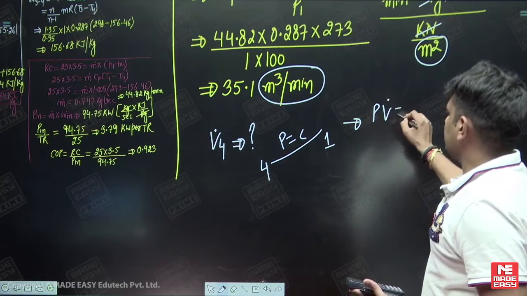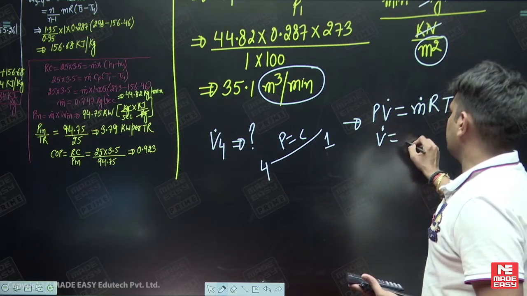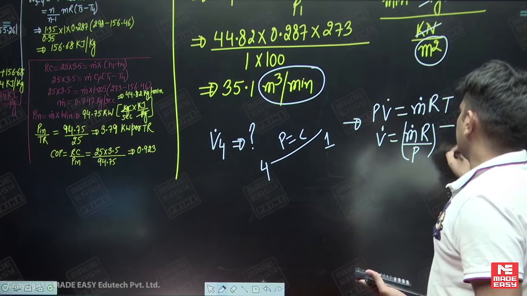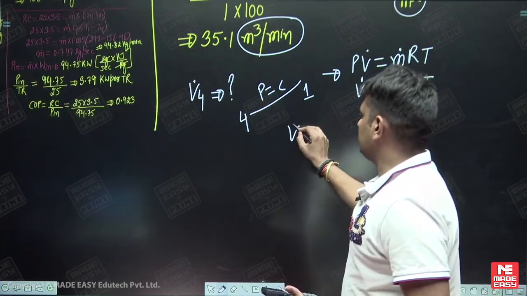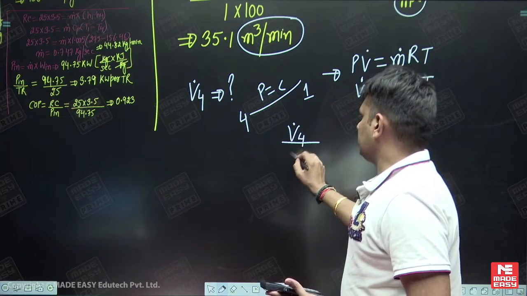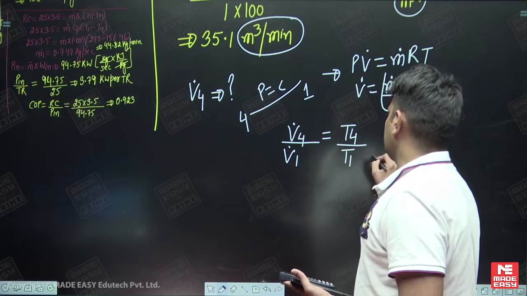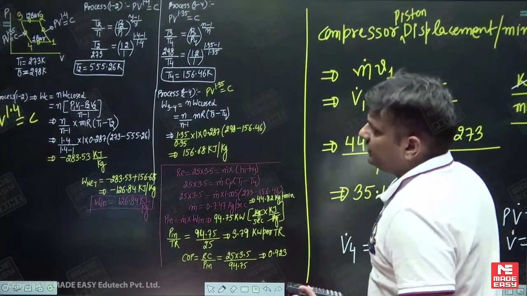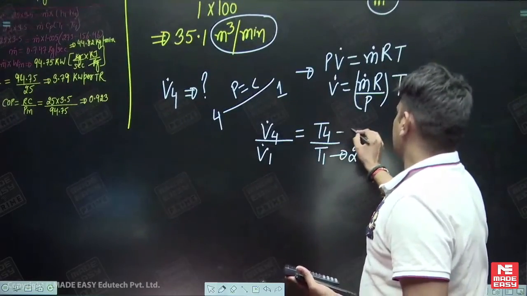So PV is equal to MRT, and V dot is equal to M dot R upon P into T. Mass is constant, R is constant, pressure is constant. So V dot 4 upon V dot 1 is equal to T4 upon T1. T1 is given as 273 and T4 is 156.46.